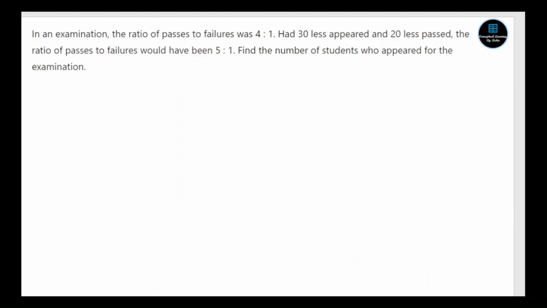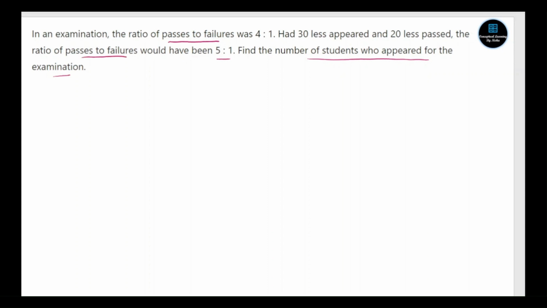Now here, a very interesting question. So in the examination, the ratio of passes to failures is given and we have to find the number of students who appeared for the examination. But the ratios which are given are nothing but passes to failures.